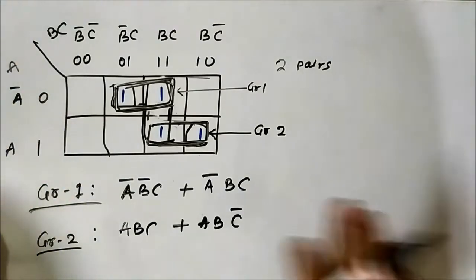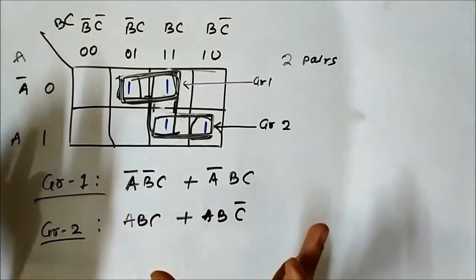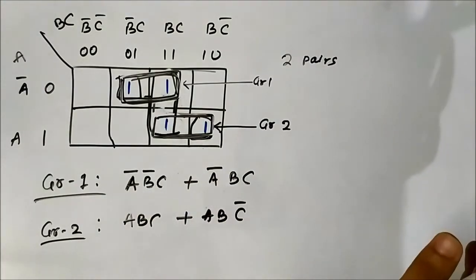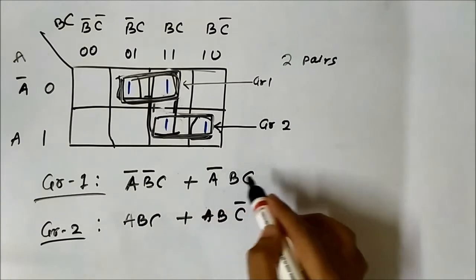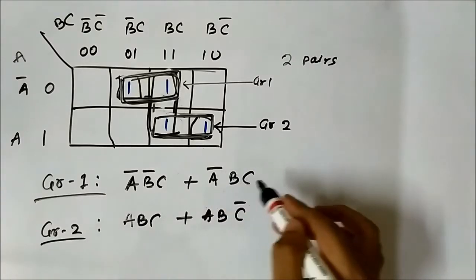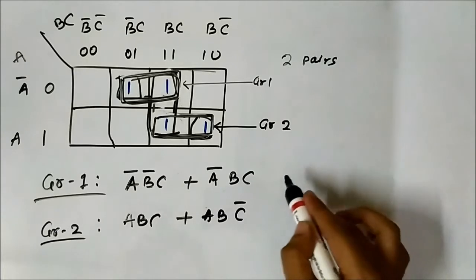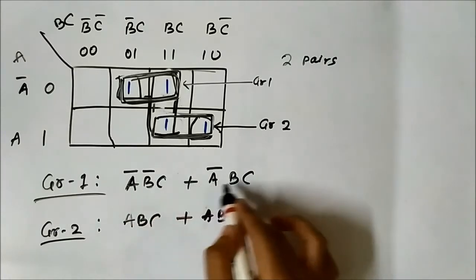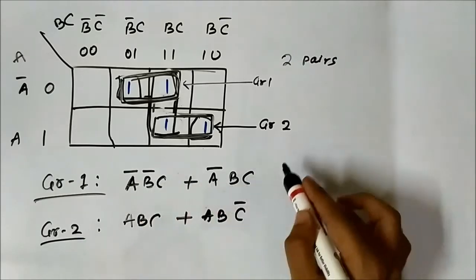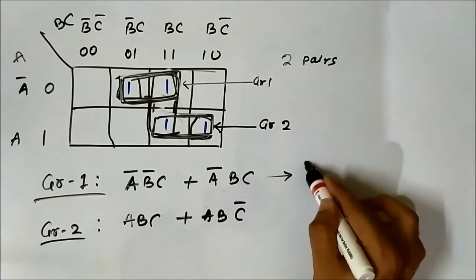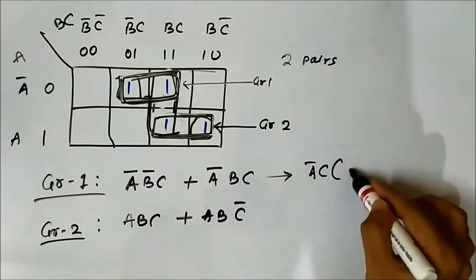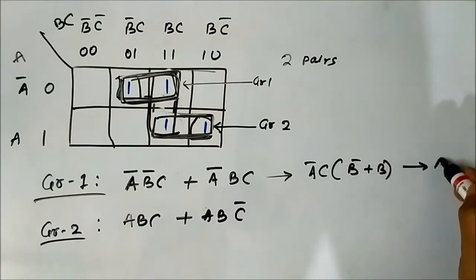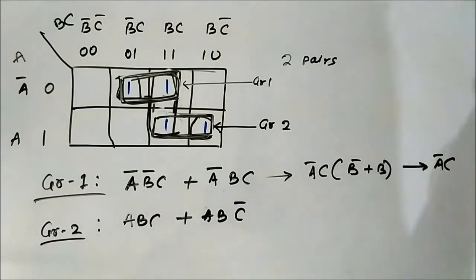So this is the fourth step: once we have formed the groups, identifying the common variables in the group. Here we can easily use Boolean algebra rules to find the common Boolean variables. See here, A bar C is common, that is A bar C into (B bar plus B), and it will be A bar C, because B plus B bar is 1.